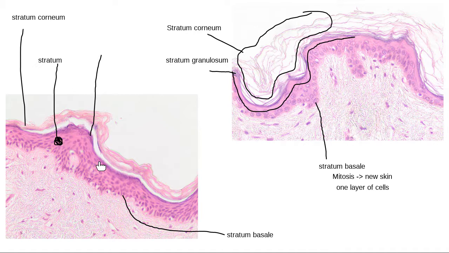So this purple layer right here, this would be stratum granulosum. And this layer in the middle, underneath the purple layer but above that bottommost layer, that would be stratum spinosum.